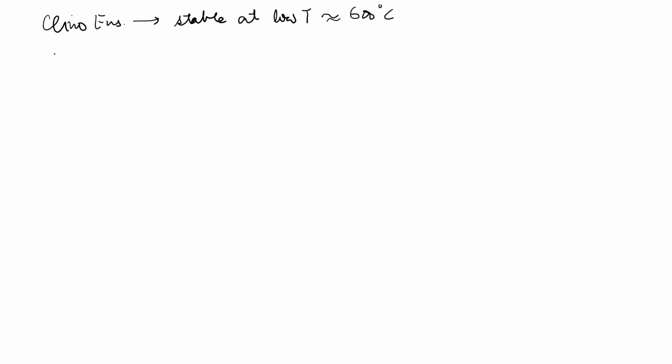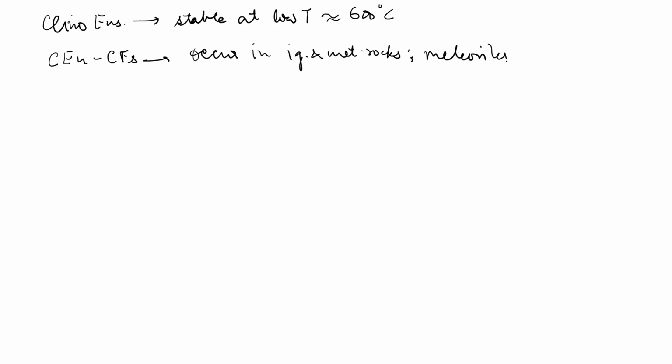Now, clinoenstatite and clinoferrosilite are uncommon but occur in igneous and metamorphic rocks, and also in meteorites. You should remember this. Now, the protoenstatite to enstatite transition is slow and time dependent.